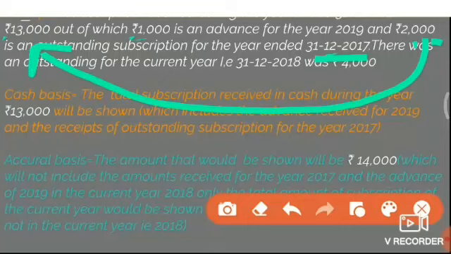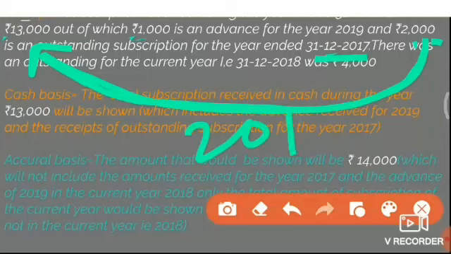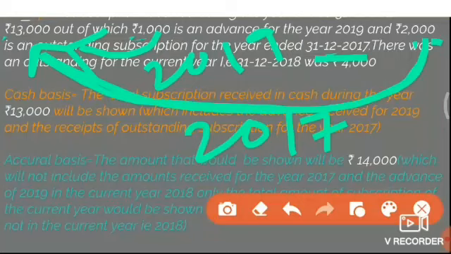So we should remember that in this cash of 13,000, this 2,000 rupees belongs for 2017, which is an outstanding, and also this 1,000 rupees is an advance for 2019, which is included in this cash. So you just remember that 1,000 rupees belongs for 2019 and 2,000 rupees belongs for 2017.